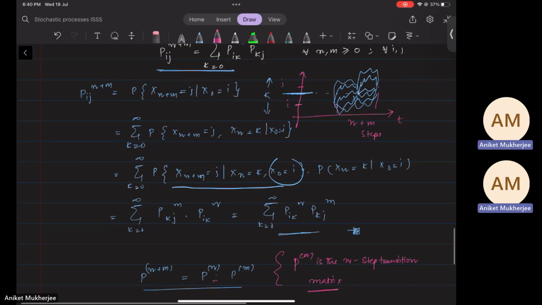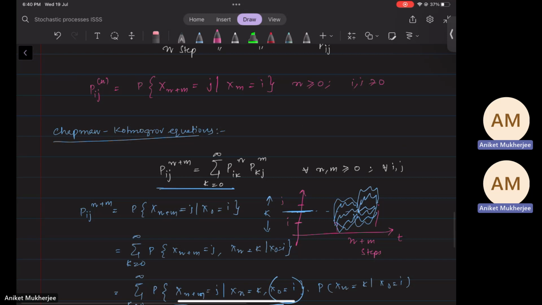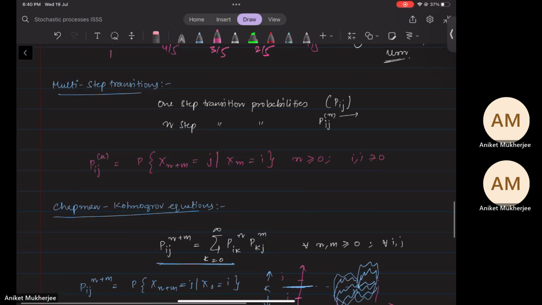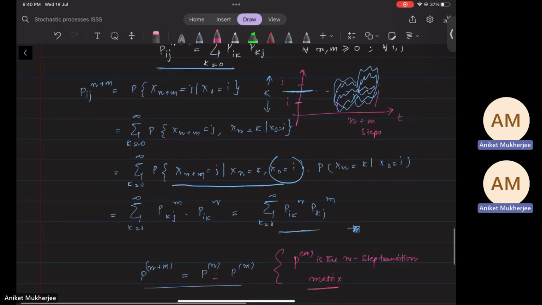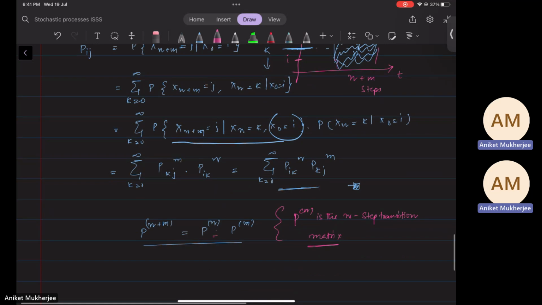So this is everything about multi-step transitions. So now you know how to calculate multi-step transition probabilities. You can use Chapman-Kolmogorov equations, or you can just use the matrix multiplying property, which comes from the Chapman-Kolmogorov equations.